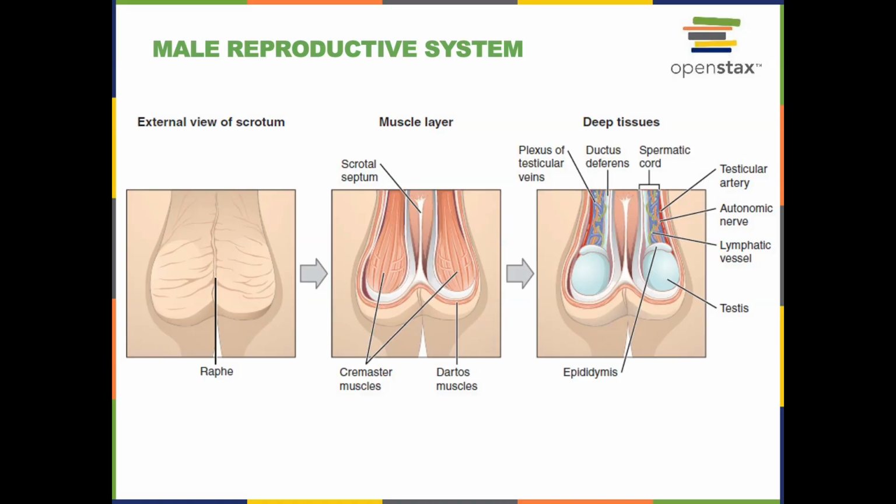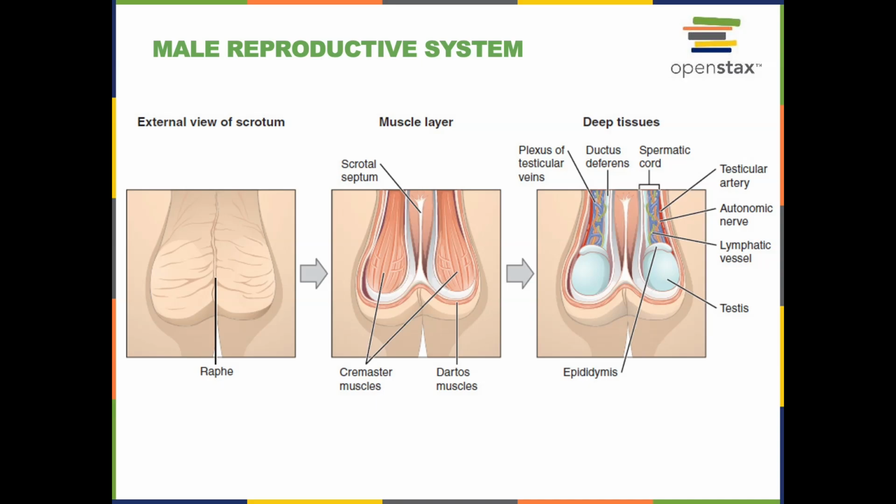The other structures that are deep to the cremaster muscle within the spermatic cord are the testicular artery, which is the male gonadal artery carrying blood into the testes. There's also the testicular vein, or the pampiniform plexus of testicular veins, that carry blood out of the testes.